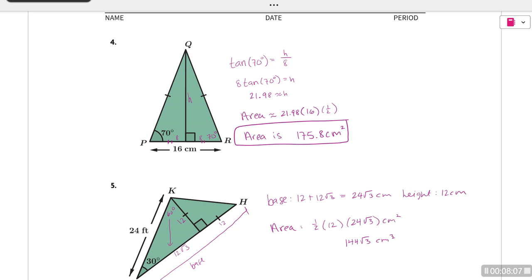Let's get a decimal approximation there by multiplying by the square root of 3. So times the square root of 3 is going to give us an area of approximately 249.41 centimeters squared. So we have our exact and our approximation.